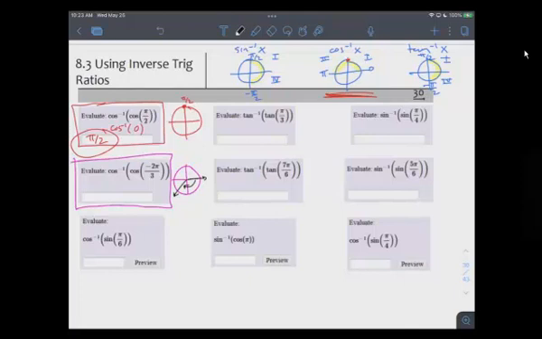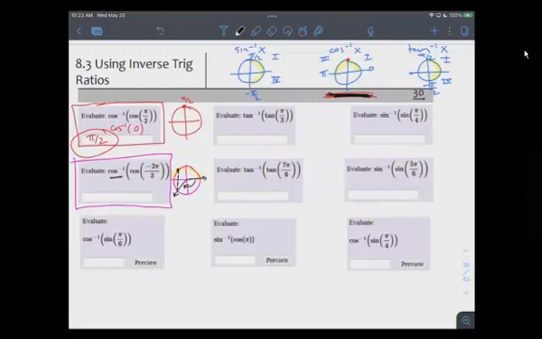What we want to do is find what is its cosine. Well, the cosine is its x-coordinate, right? And so if we are evaluating which angle has that particular cosine value, we have to look at the angles from 0 to pi, because it's the inverse cosine.